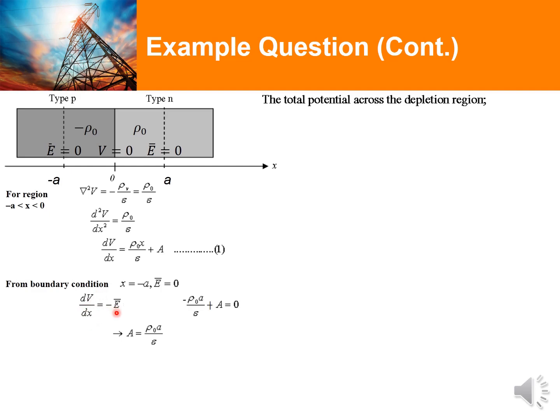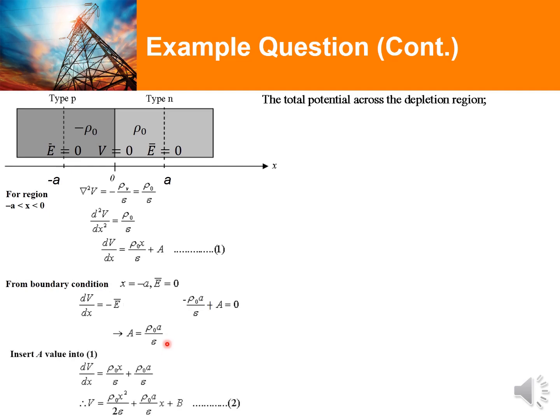Putting E being 0 based on x equivalent to negative a, and putting x in the rho naught x divided by epsilon term, we would get negative rho naught a divided by epsilon plus A is equivalent to 0. A is therefore equivalent to rho naught a divided by epsilon. Now that we have obtained our A, let's insert this value into equation 1.